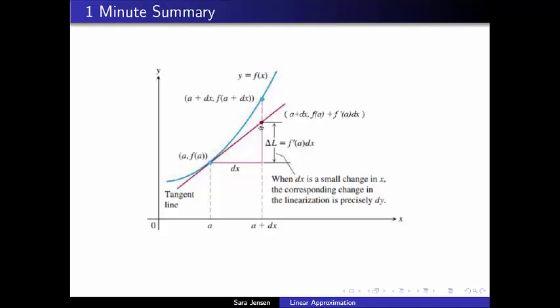And so the concept of linear approximation is we are going to use the value that appears on this line to approximate the actual value of the function at a plus dx. And because a and a plus dx are not that far off, the difference between the actual value of the function and the approximation we get when we use the tangent line to compute this value instead of the function is not really that large.